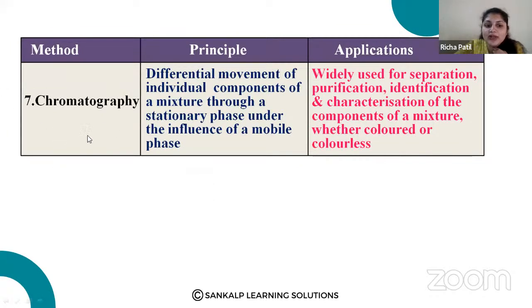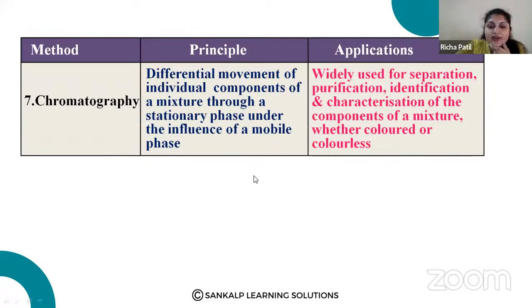So next is chromatography. Chromatography is nothing but the differential movement of individual components of a mixture through a stationary phase under the influence of a mobile phase. So it depends upon two components: one is a stationary phase, another is a mobile phase.